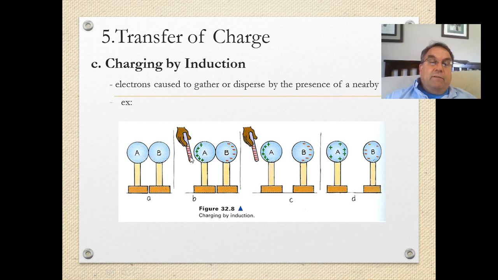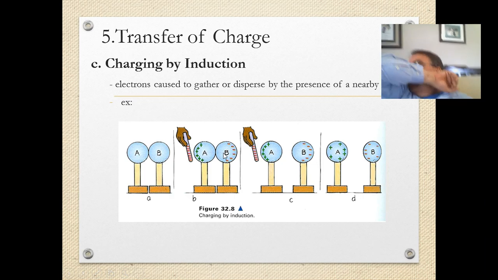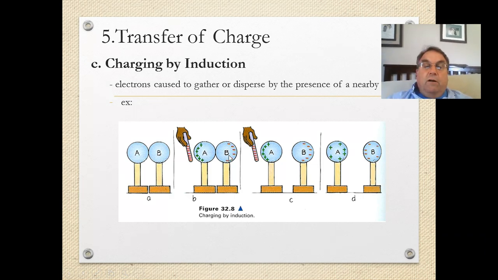And this negatively charged rod will repel at least some of the negative charges away from it, so that the sphere on the right has a net negative charge relative to the sphere on the left.